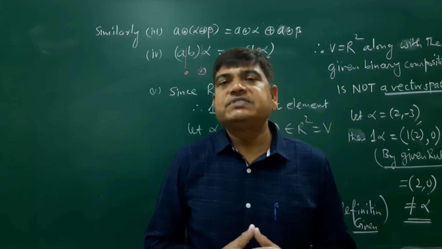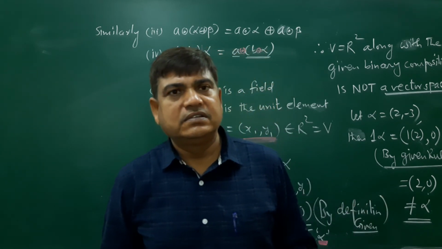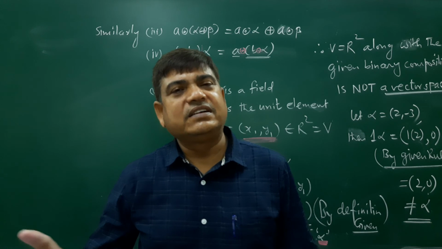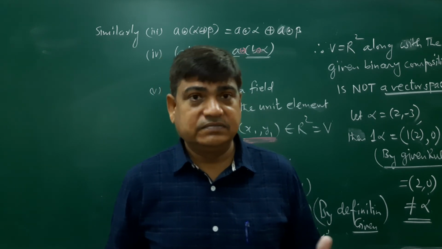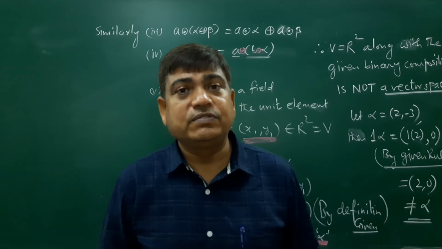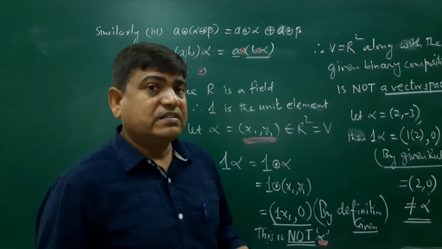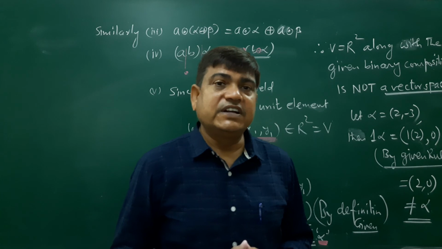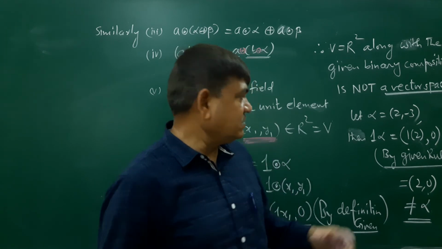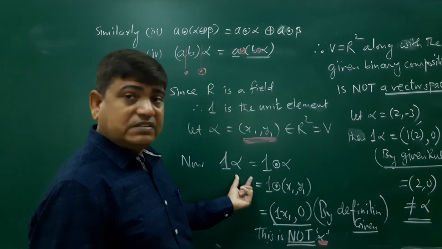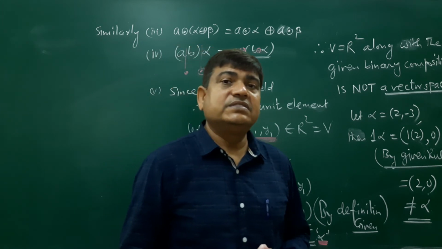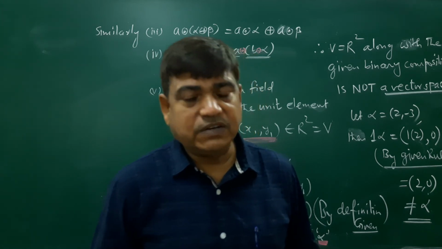So sometimes we feel that the first is satisfied, second, third, fourth, fifth, sixth, seventh, eighth, ninth, and we say yes, it may hold for the 10th one. But this is the example in which you will find 9 properties are satisfied, but the last one, that is the unit element with the vector, is not satisfied. So this is not a vector space. This is a very good example.